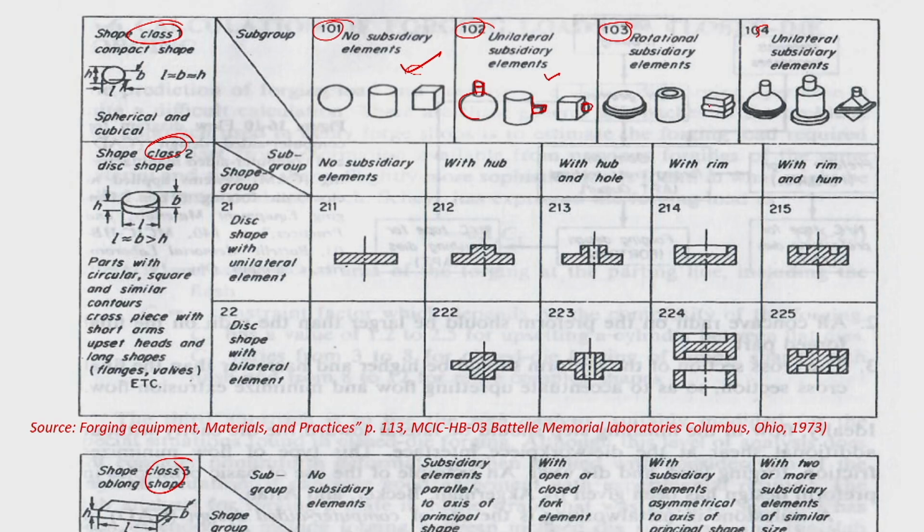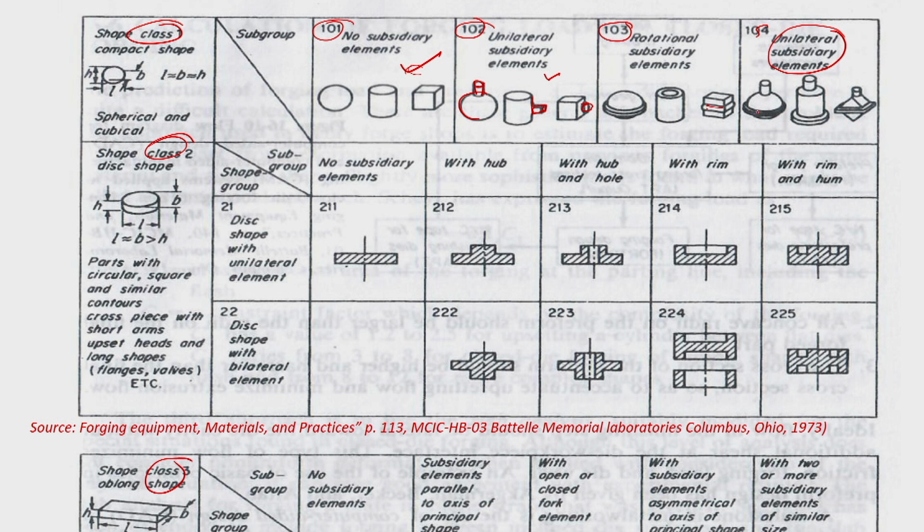Similarly, for a cube, at the center of a face or on one part of the face, if you have some part projecting throughout, then it becomes much more complicated because metal flow conditions will be complex. And finally, the last subgroup will come under subsidiary elements, more are there. Okay.